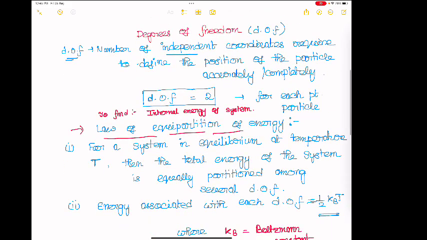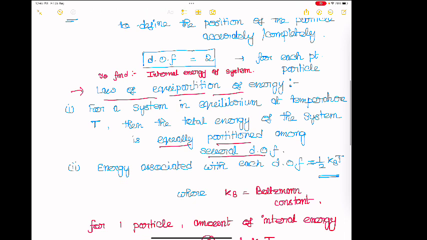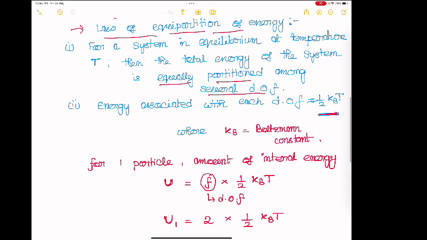There are 2 points. One, for a system in equilibrium at temperature T, the total energy of the system is equally partitioned among the several degrees of freedom. And second, the energy associated with each degree of freedom is half kBT, where kB is the Boltzmann constant and T is the equilibrium temperature.